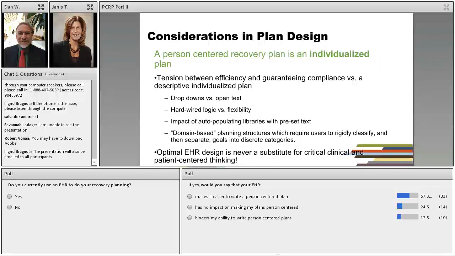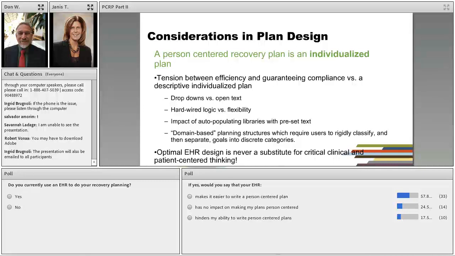Okay. The other very major thing about electronic health records and about any treatment plan, recovery plan, is to what degree is it individualized. So for those of you who listened to the last webinar, we had a Joint Commission survey a couple weeks before, and we were cited about the plans being individualized enough.